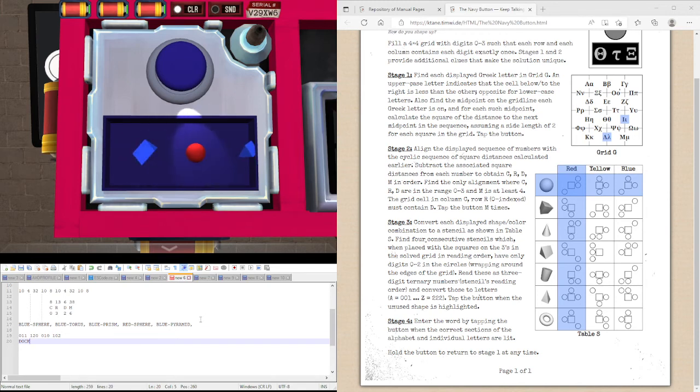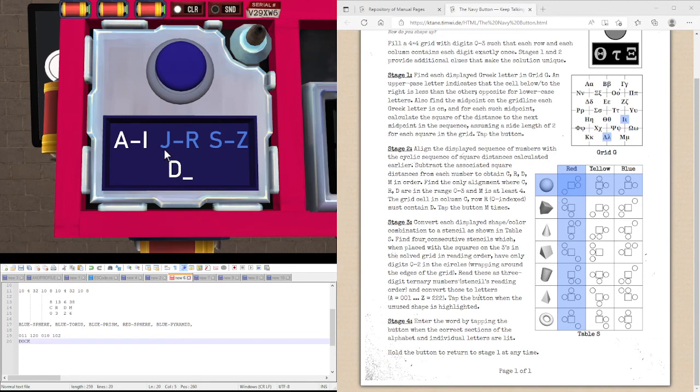So now I'm going to press it on the one that wasn't involved, which is the blue pyramid. And now we're going to spell out the word. So, similar to how the other buttons work, you pick a section, then a subsection of that in the body of the letter.